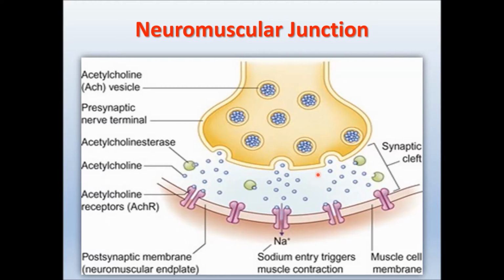In the depolarizing muscle relaxant model, the drug looks the same as the acetylcholine, but it is not hydrolyzed or taken by the acetylcholinesterase in the synaptic cleft. It is rather taken by the pseudo-acetylcholinesterase, or the plasma acetylcholinesterase that is present in the plasma.